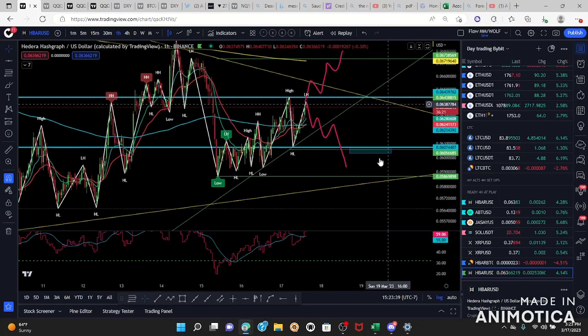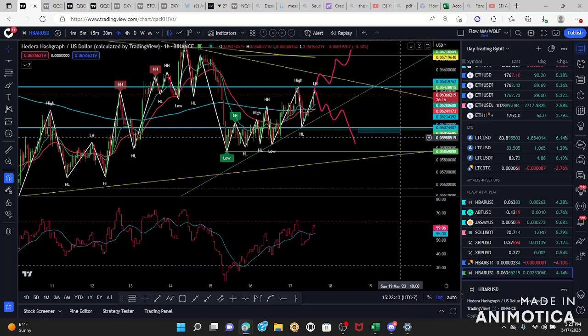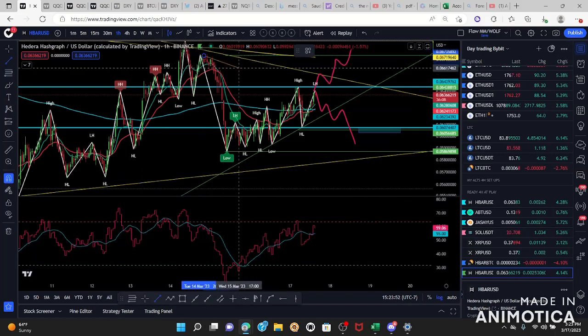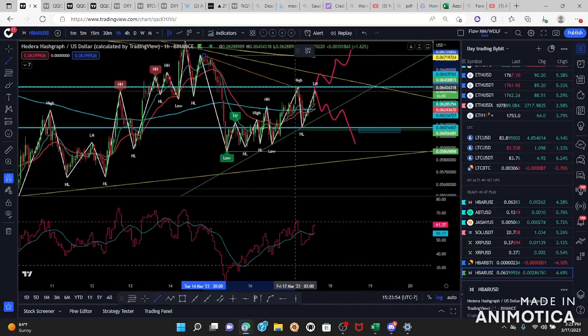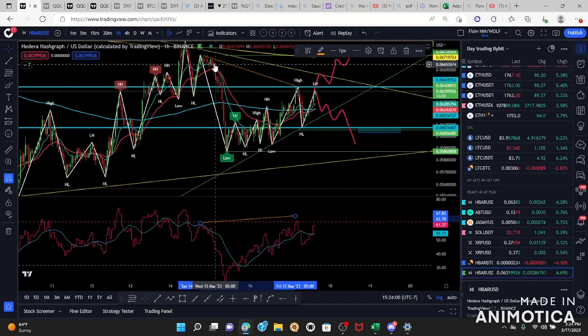Okay, there you go. Look what I just found on the 1 hour, and that's a strong one. Right here, this bearish divergence. I found it from this high to this one.